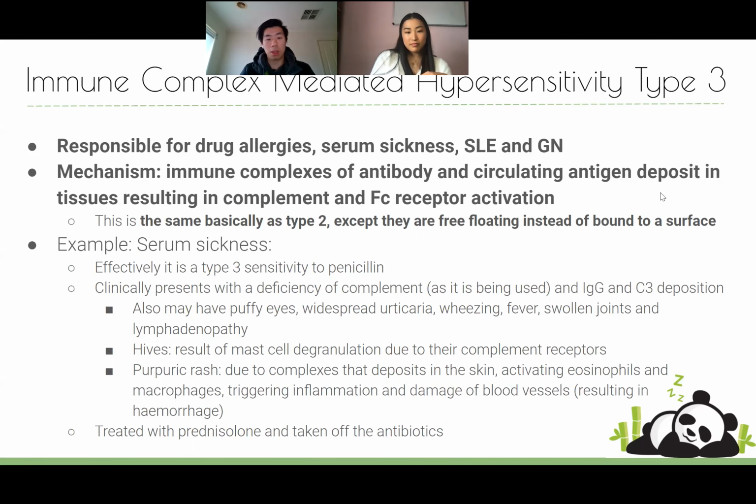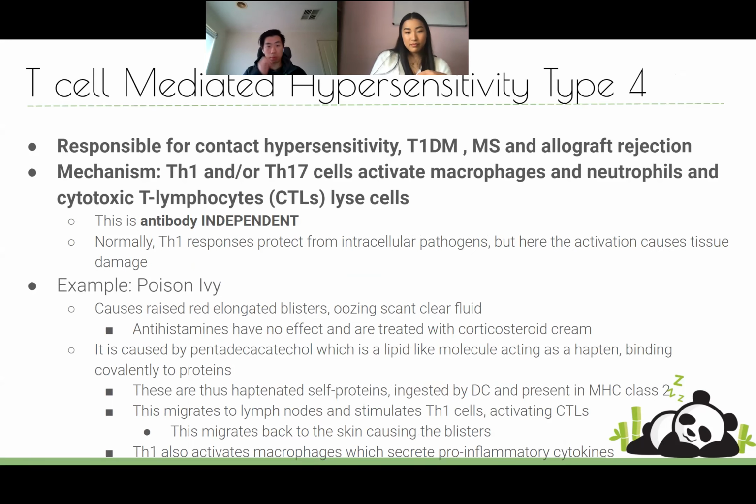Cool. All right, so type 4 is basically nothing to do with your antibodies. This is responsible for contact hypersensitivity, type 1 diabetes, multiple sclerosis, and allograft rejection. MS is multiple sclerosis. These are when your Th1 or Th17 cells activate macrophages and neutrophils and basically lyse cells through cytotoxic T lymphocytes.